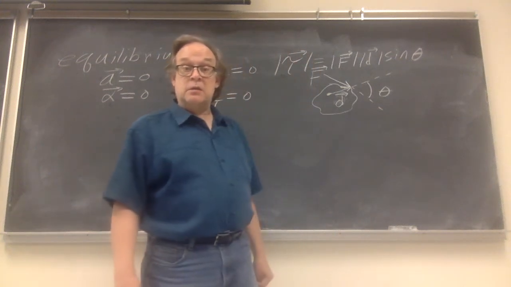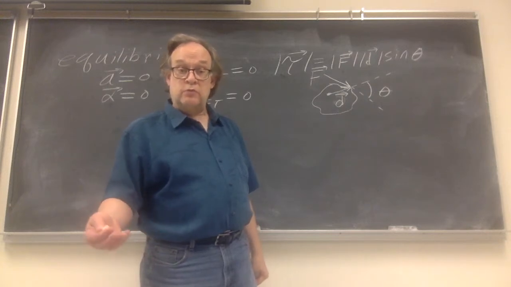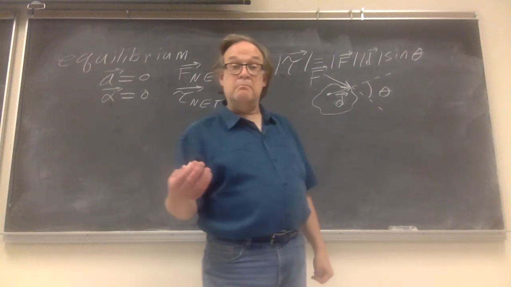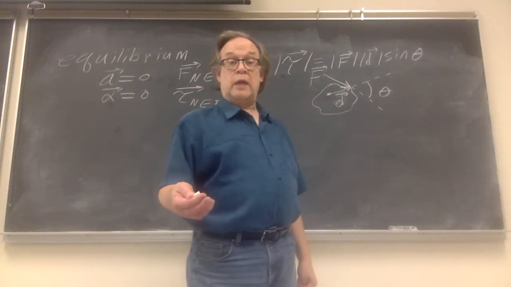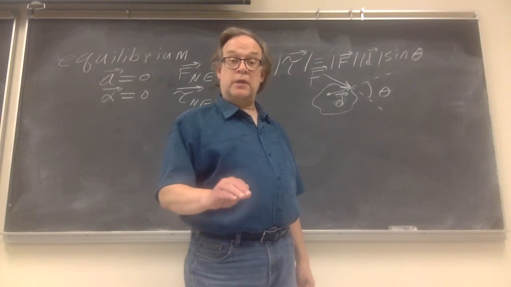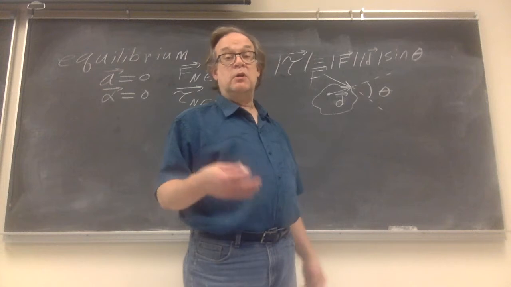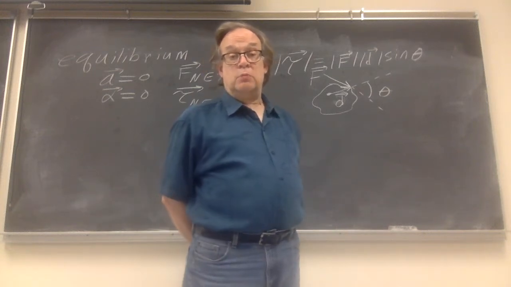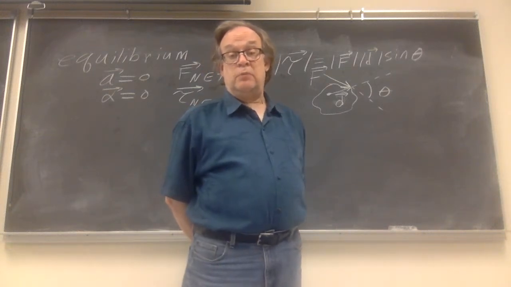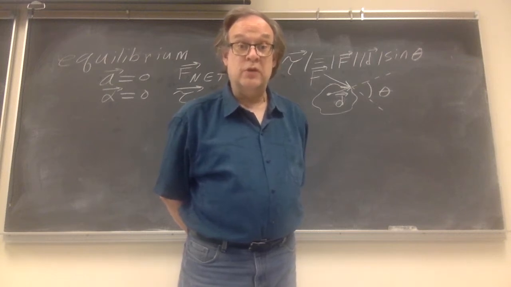In that case, you could pick any point as your reference point, and then imagine what would happen if the object were rotating around that axis. So the book uses the term pivot point. I use the term reference point. They are referring to the same thing.